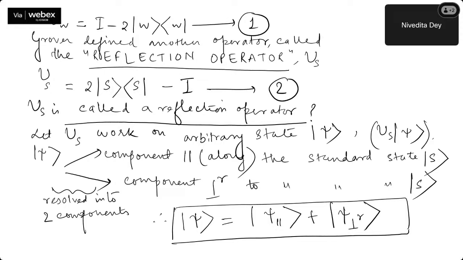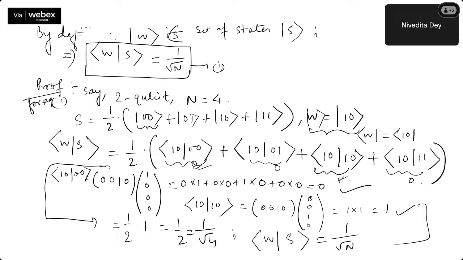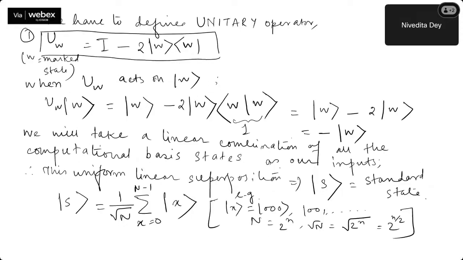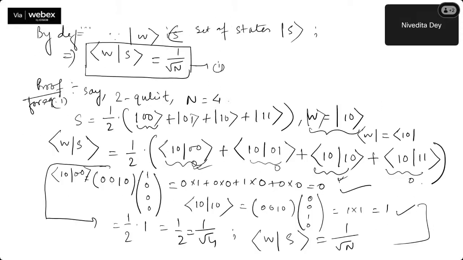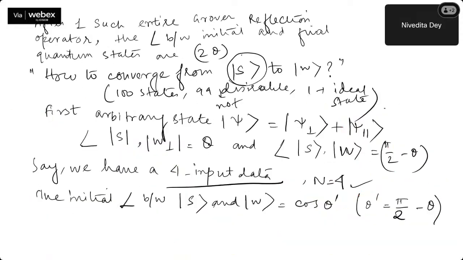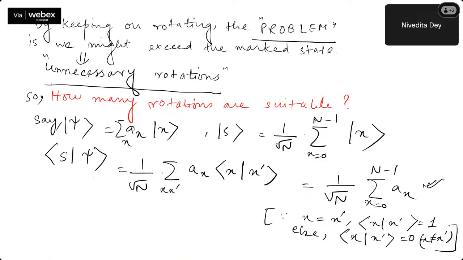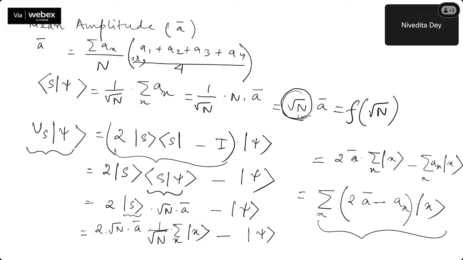So we are keeping on doing it because once the phase shift or phase change operation is done, that particular stuff is over with respect to your UW. Post that, you have to do your inversion about mean. And for that calculation, there are so many factors that have come into picture.